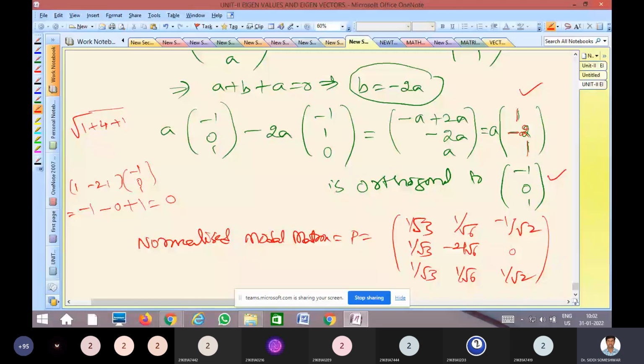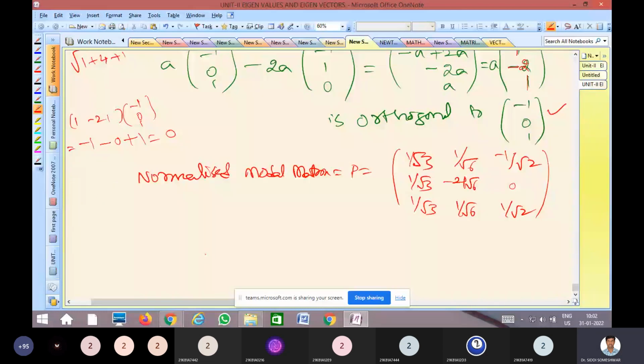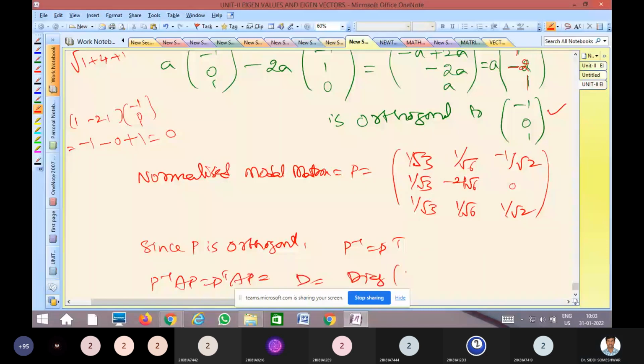So this is the normalized model matrix P. Since P is orthogonal, P inverse equal to P transpose, so P inverse AP equal to P transpose AP, and you will get the diagonal matrix with diagonal elements 2, minus 1 and minus 1.